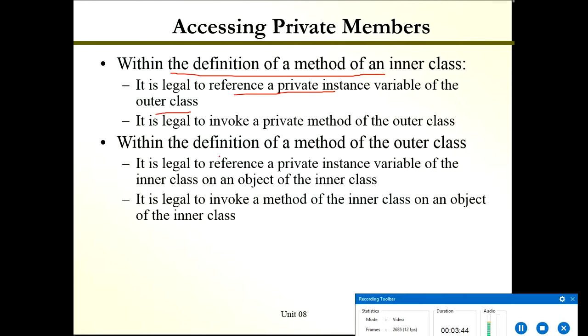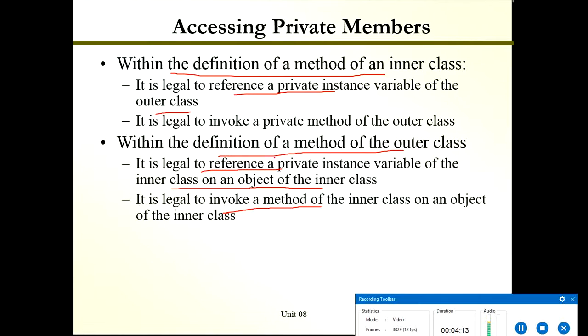Also, within the definition of a method of the outer class, it is legal to reference a private instance variable of the inner class on an object of the inner class, and it is also legal to invoke a method of the inner class on an object of the inner class. So inside an inner class we can refer to the private instance variable and the private method of the outer class.